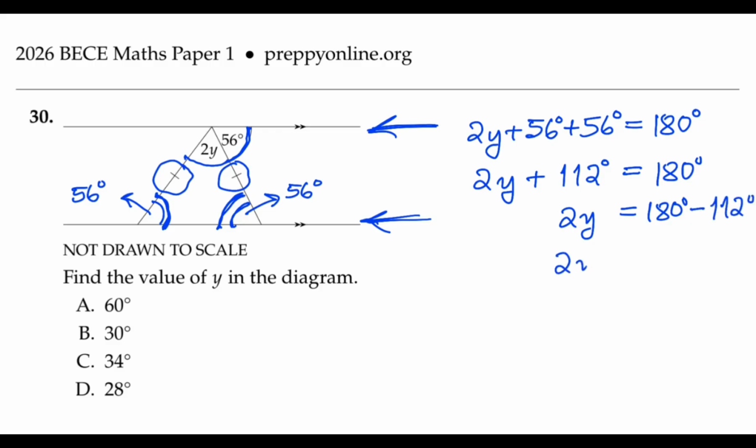So we now have 2y equals 68 degrees. So if we have 2y equals 68 degrees, then what is y? Well, y equals 68 over 2, which is 34. So y is 34 degrees. So our answer is C.